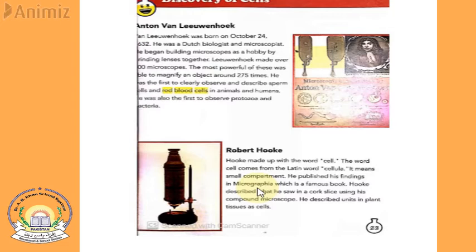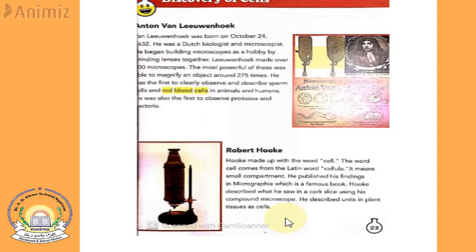He then wrote a book called Micrographia, and whatever findings he had, he captured in this book. This was a compound microscope that he developed, and he studied tissues in plants and described these small structures as cells. So this is basically the discovery of cells.